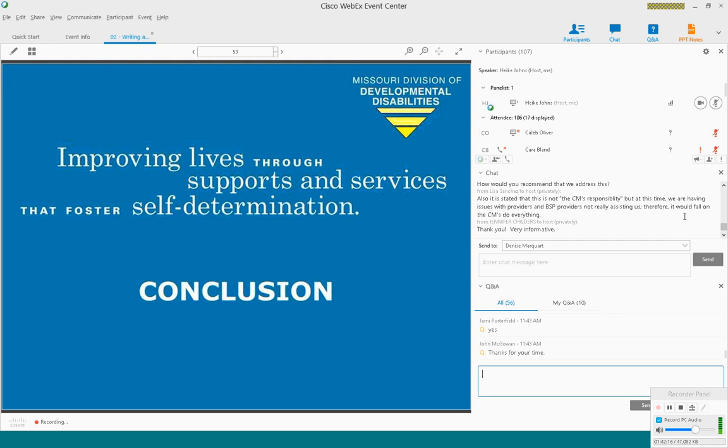There was another question that stated that it's not the CM's, I guess that's case manager, the people we call support coordinators', responsibility. But at this time, we're having issues with providers and BSP providers, so those would be behavioral support providers, not really assisting us. Therefore, it would fall on the case manager to do everything.